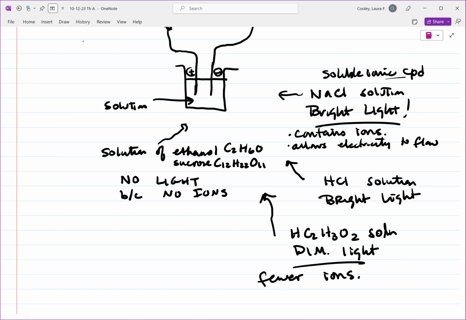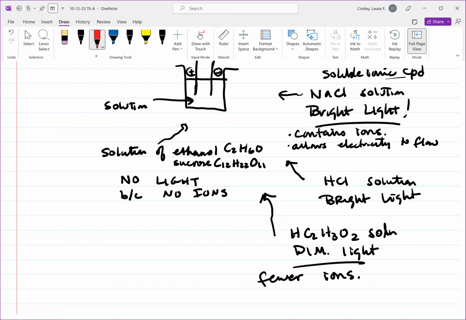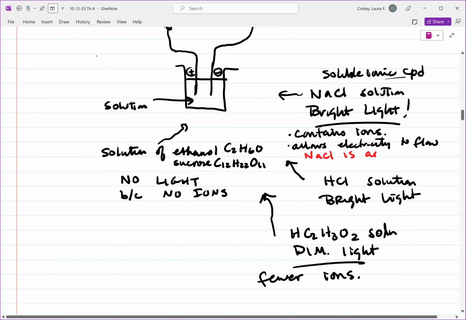Okay, so now we have a word for these things. The fact that NaCl lights up in an apparatus like this, we say that NaCl is an electrolyte.